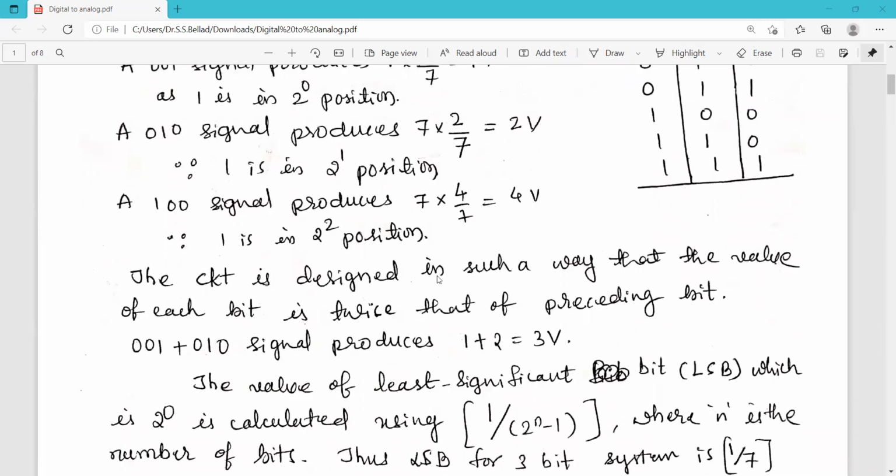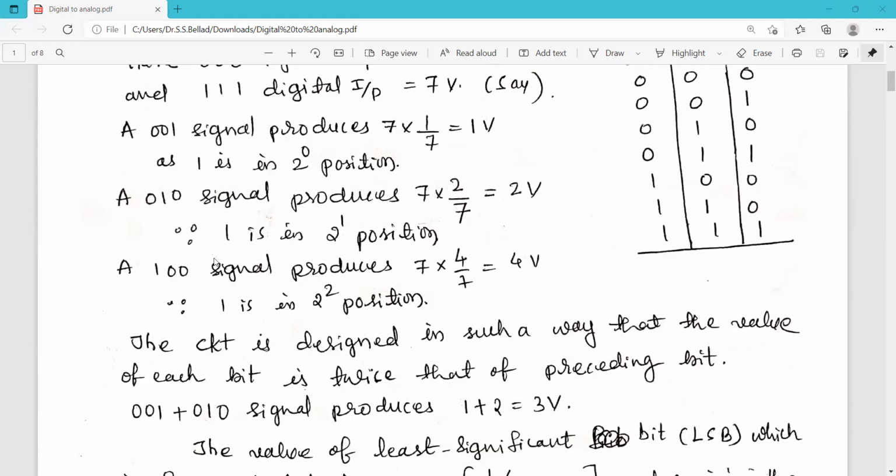So the circuit is designed in such a way that the value of each bit is twice that of the preceding bit. The meaning of this sentence is that you can see here, this 100 signal produced a voltage of 4 volt, whereas the 010 produced a voltage of 2 volt. So this 4 volt is twice this 2 volt, which is the preceding signal.